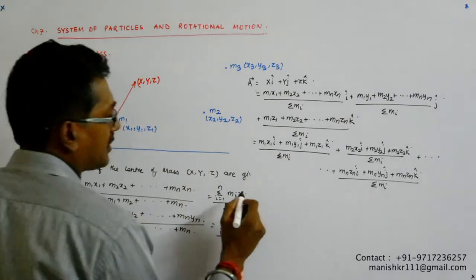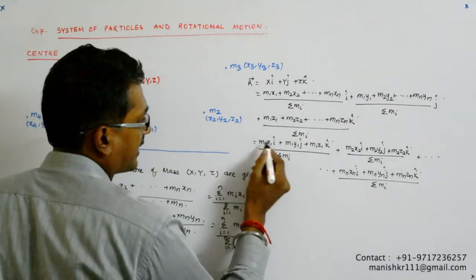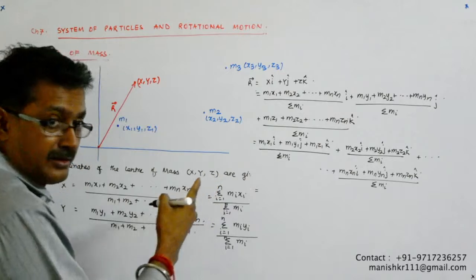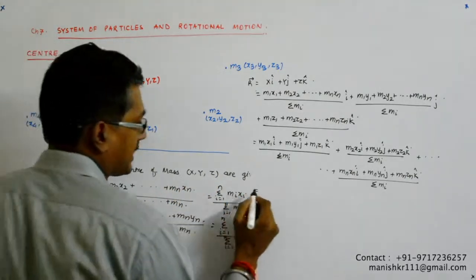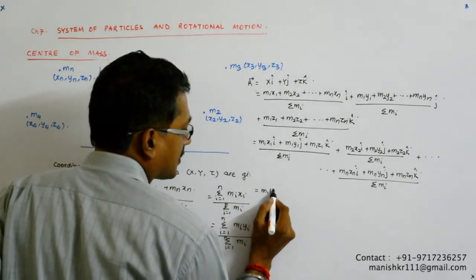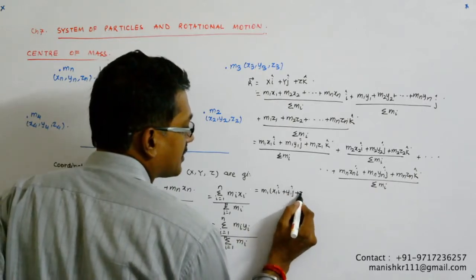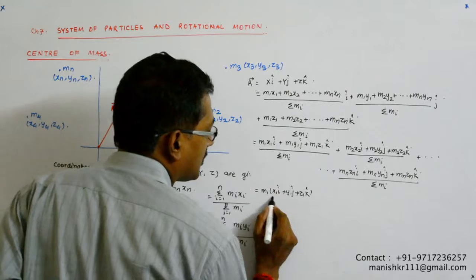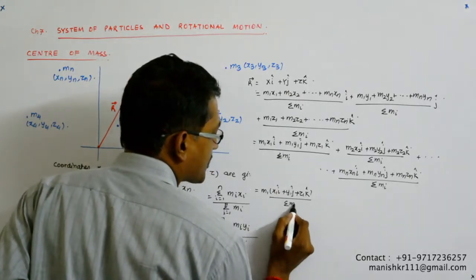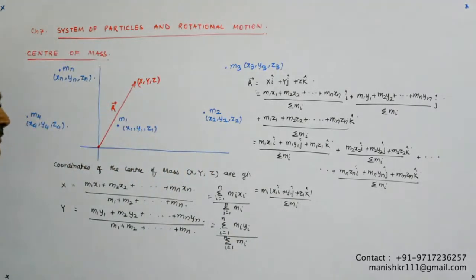If I take out my m1 from here, what do I get? It is m1 into x1 i cap plus y1 j cap plus z1 k cap upon summation mi, is it not?